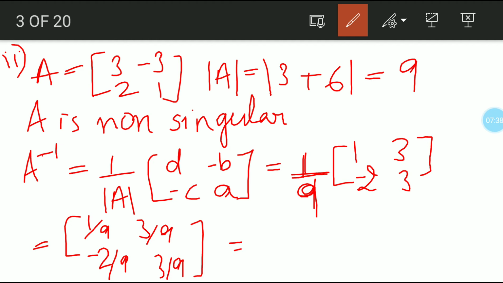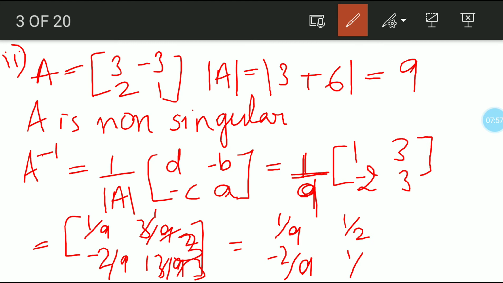Now 1 by 9 you can't cancel anymore, just put it as 1 by 9. 3 by 9 you can cancel, 3 ones are 3 and 3 threes are 9, so 1 by 3. Minus 2 by 9 also you can't cancel. And 3 by 9 again is 1 by 3. So this is the answer for the second bit.